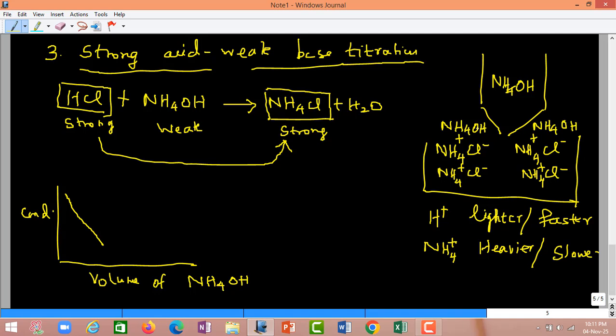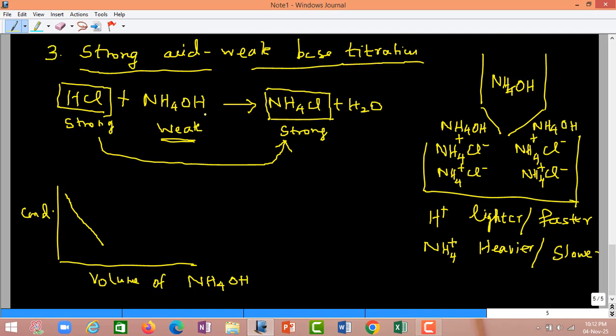When you take sodium hydroxide, this is a strong base and it completely dissociates. Whereas if you take ammonium hydroxide, it is a weak base. And since it is a weak base, the dissociation will be partial. Dissociation is very less. Out of 1 lakh ammonium hydroxide molecules, just 1 molecule will dissociate.